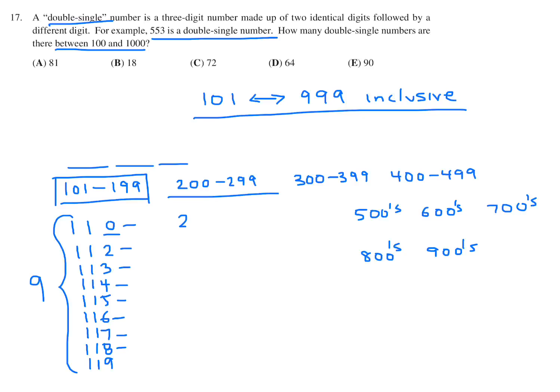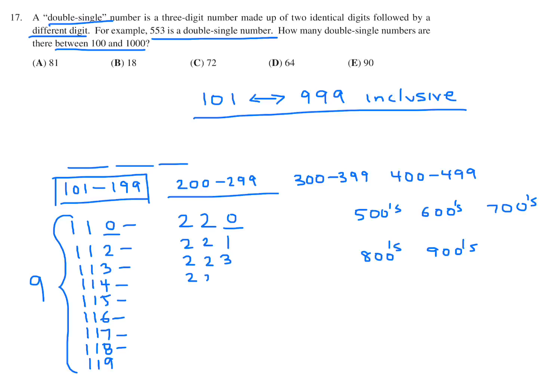200 to 299. First digit is going to be a 2 in this category. Second digit has to be a 2 in order to become a double single number. And very similarly, the last digit can be any digit except 2, right? Has to be a different digit. So let's list them. 220, 221, 222. No, we can't have that because that would not fit the criteria.